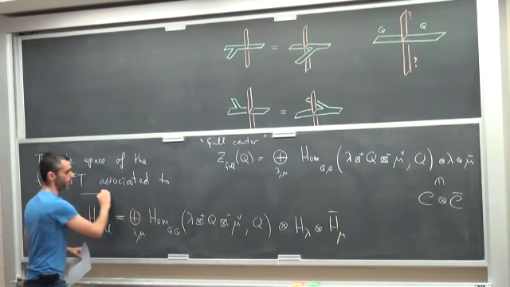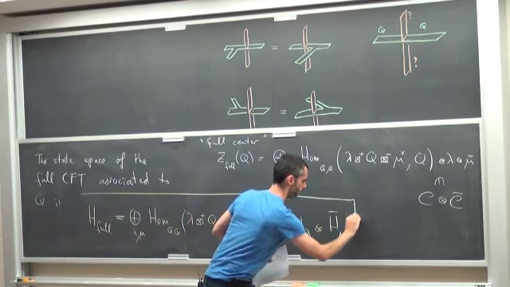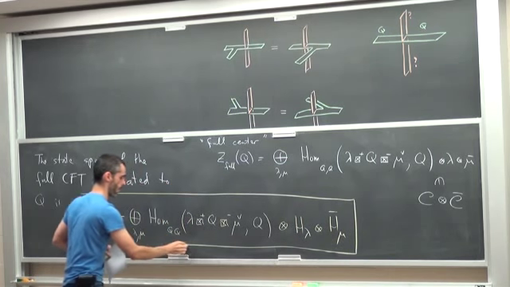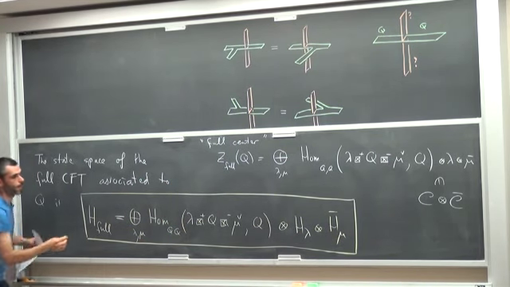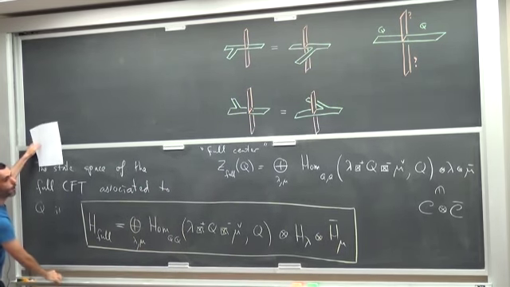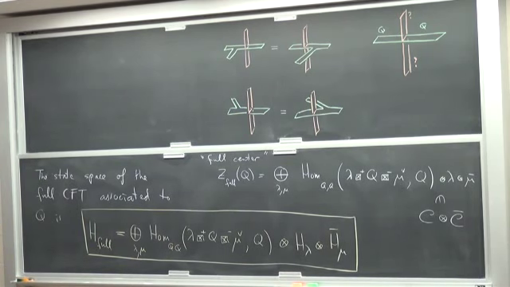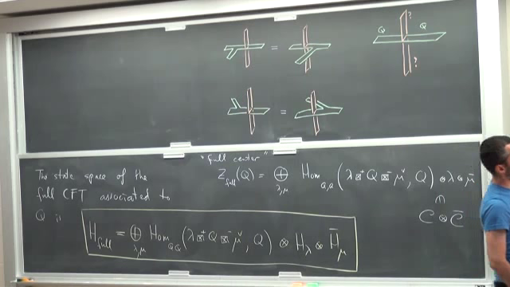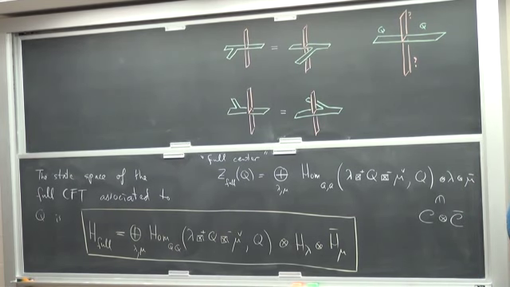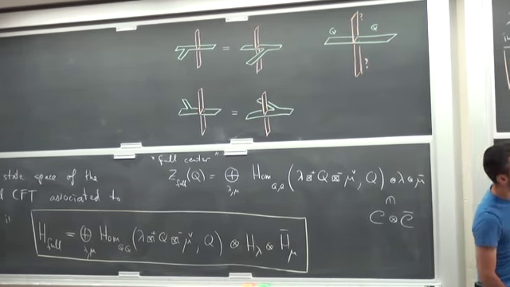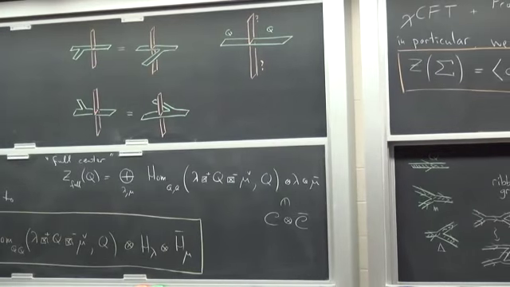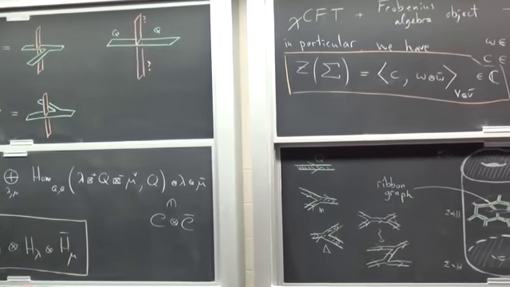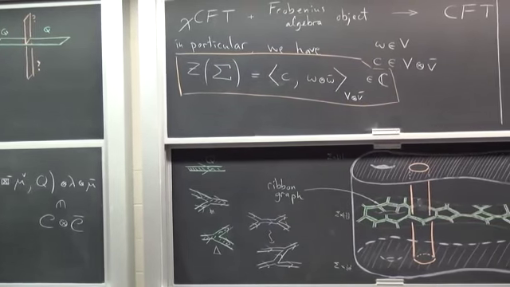So let me comment a bit on all these things. First of all, I maybe didn't emphasize it, but I said it en passant, which is that the category C is a braided monoidal category.